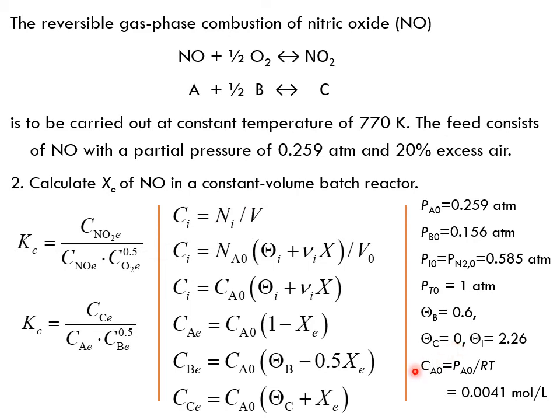And we can also calculate the value of Ca0 using the ideal gas law, which says Ca0 equals Pa0 divided by RT0, and we have the value of temperature here.